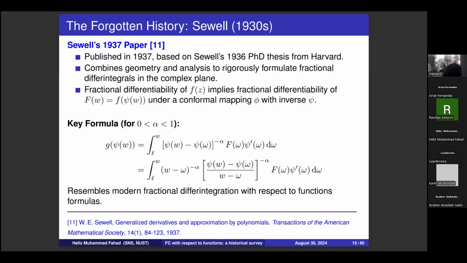So for alpha between 0 and 1, Sewell provided a formula that captures the essence of fractional differintegration with respect to functions. And this formula resembles modern approaches to fractional calculus with respect to functions.